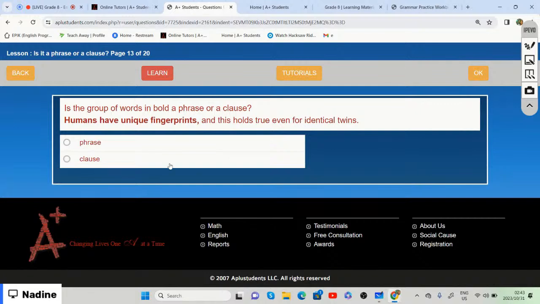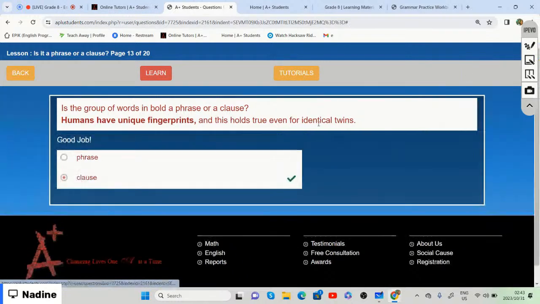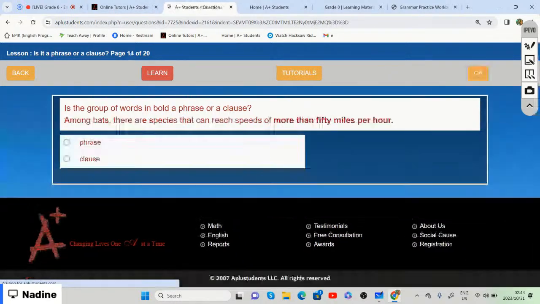So we can say humans have unique fingerprints. And this holds true even for identical twins. Let's say it is a clause, because humans have unique fingerprints. Finish.